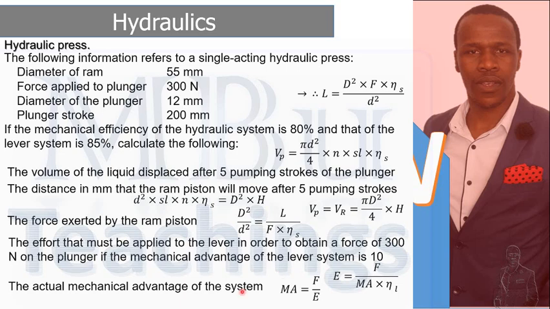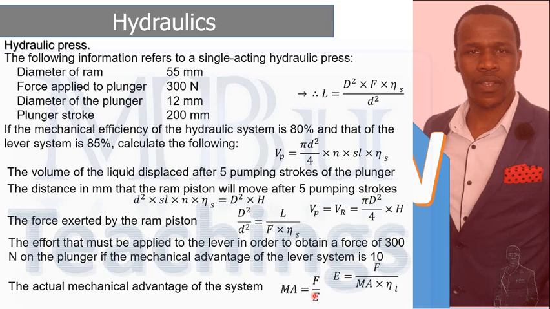And then finally they are saying the actual mechanical advantage of the system. The reason they are saying the actual mechanical advantage of the system is because this mechanical advantage is not felt when we have that percentage. So now what your hand actually feels is this mechanical advantage. And obviously we do have the force, which is 300 Newton.